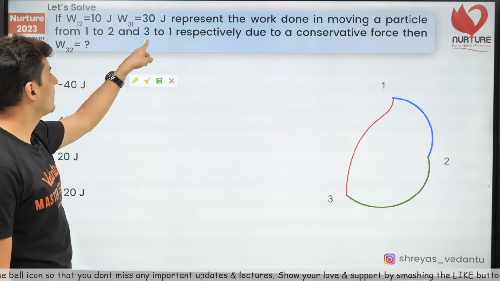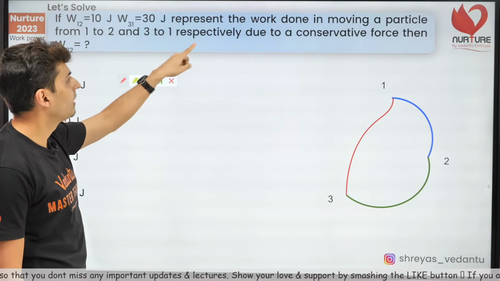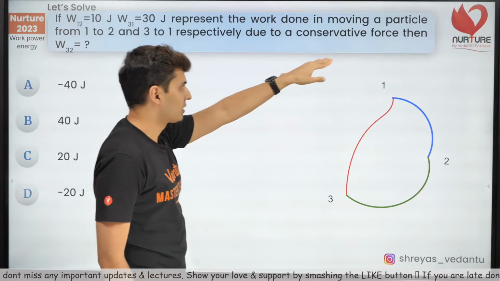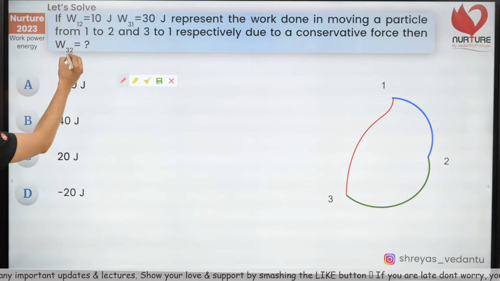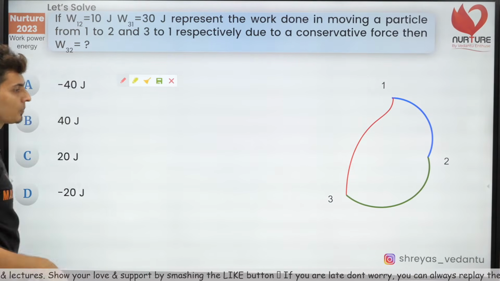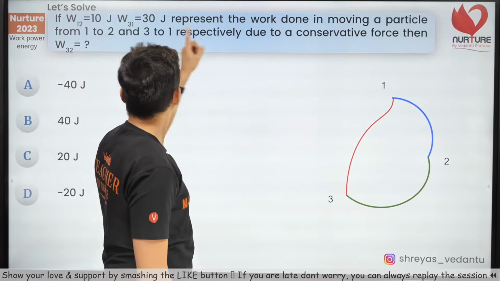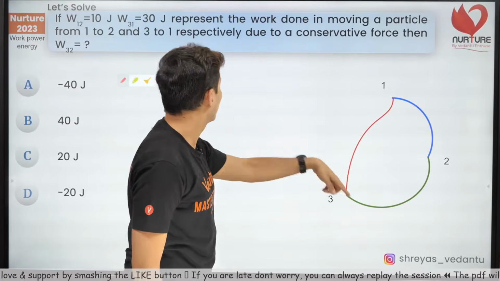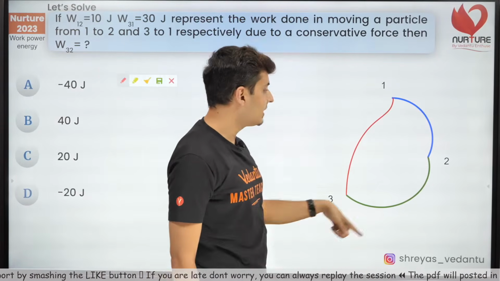W31 represents work done in moving the particle from 3 to 1 due to a conservative force. Very important. Then what is W32? What is the work done from 3 to 2? So 1 to 2 is known, 3 to 1 is known. What is the work done to move it from 3 to 2?